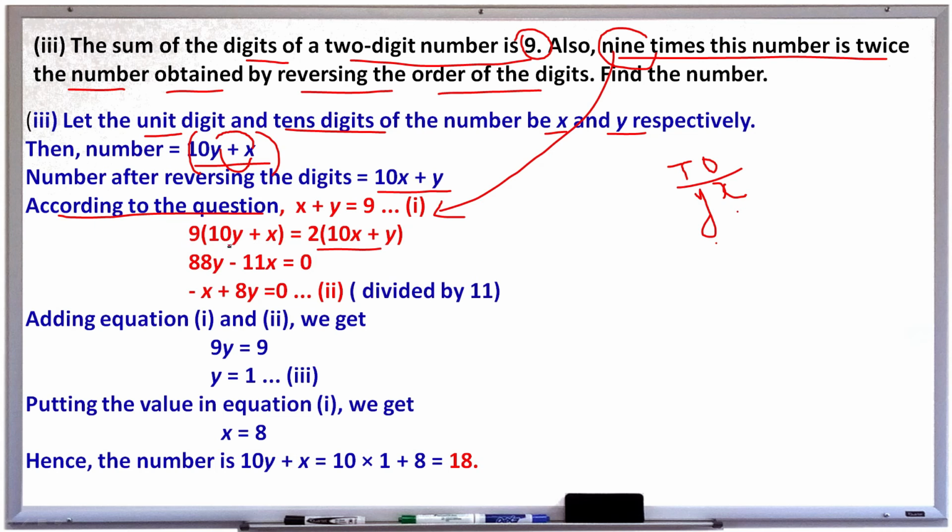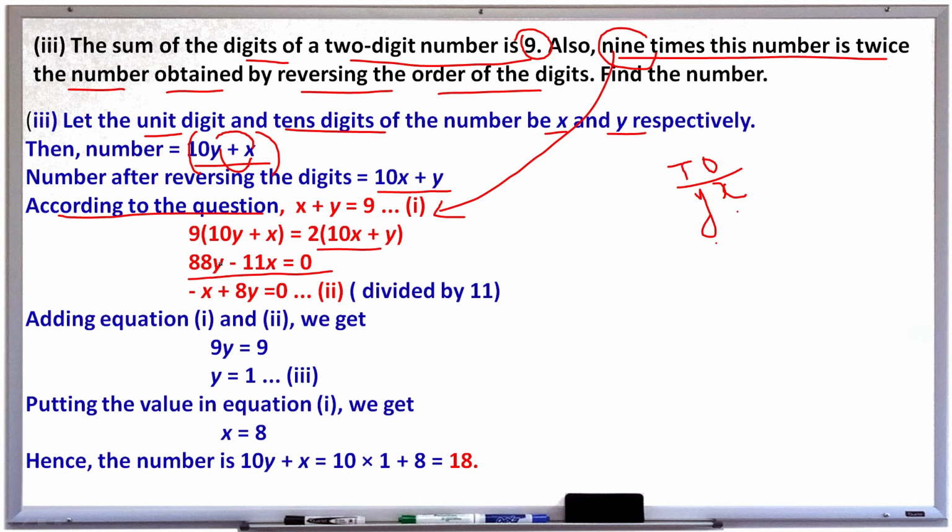So 9 into 10y plus x is equal to 2 into 10x plus y. Simplifying, open the bracket, after simplifying you will get 88y minus 11x is equal to 10.